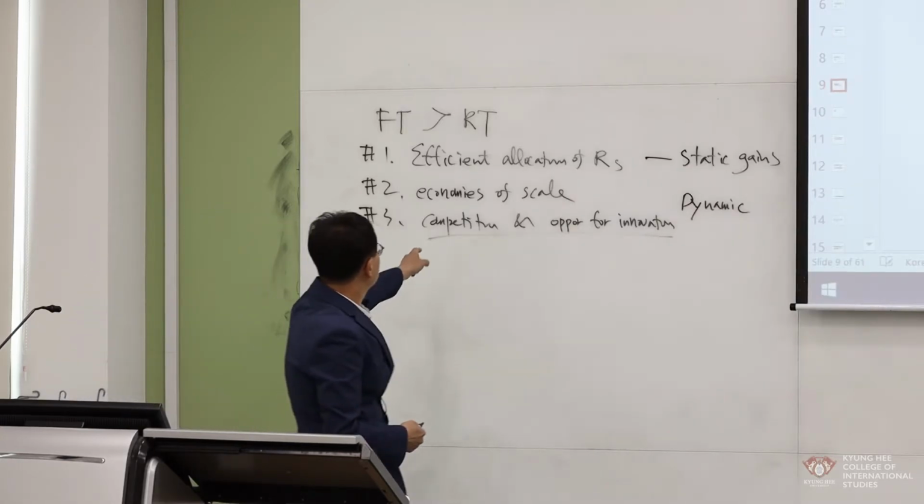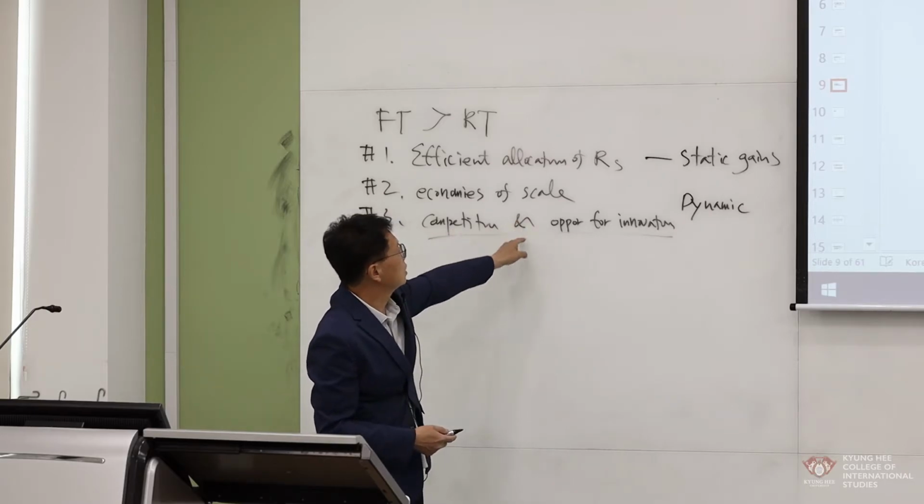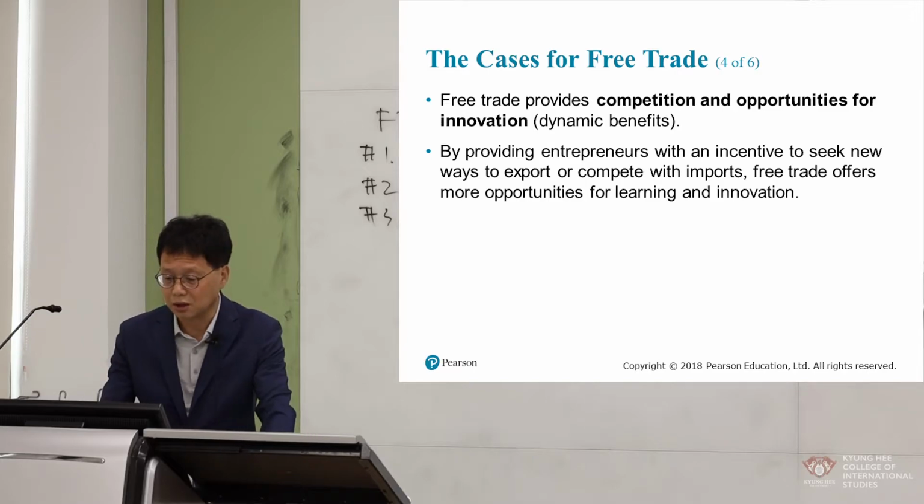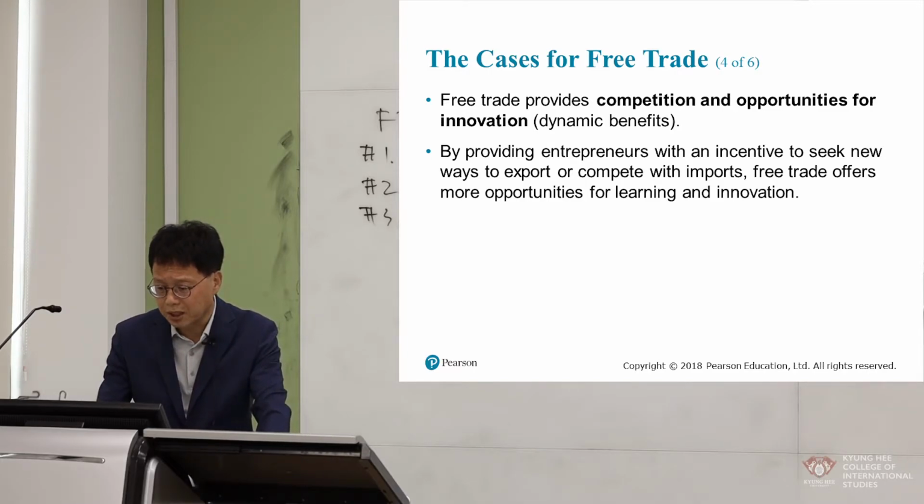Anyway, because of this, national welfare increases, and national per capita GDP increases after free trade. By providing entrepreneurs with an incentive to seek new ways to export or compete with imports, free trade offers more opportunity for learning and innovation. Actually, Korean companies experience this kind of thing, right?